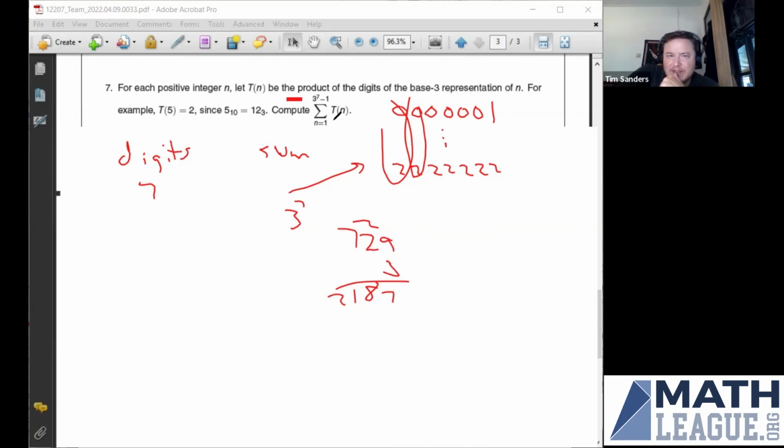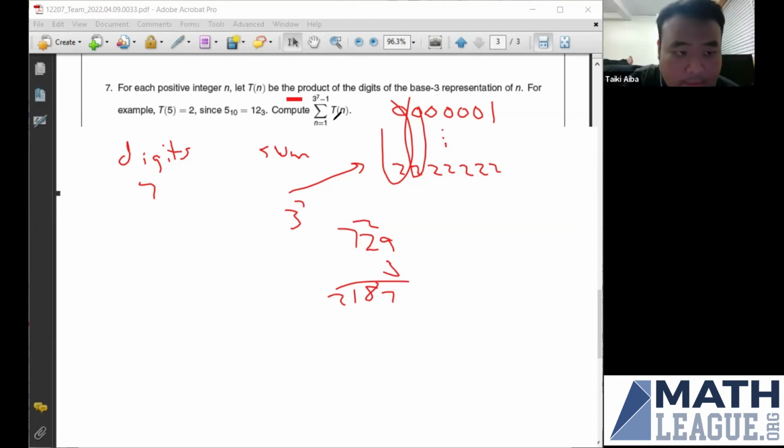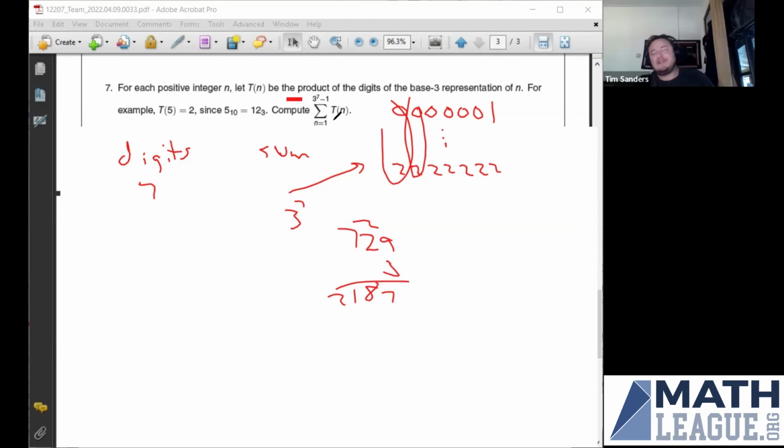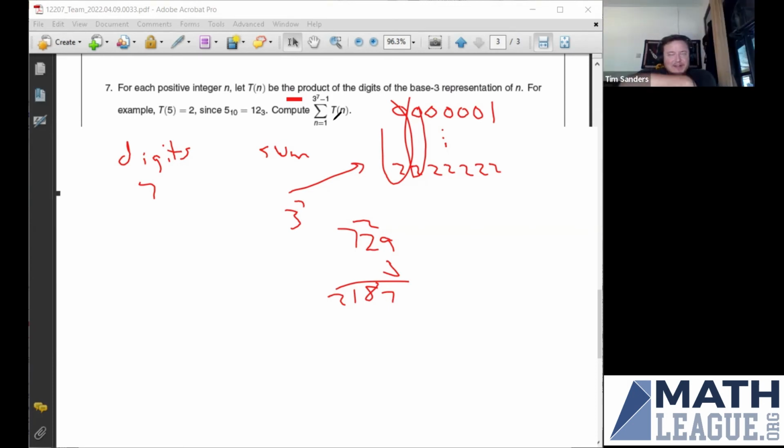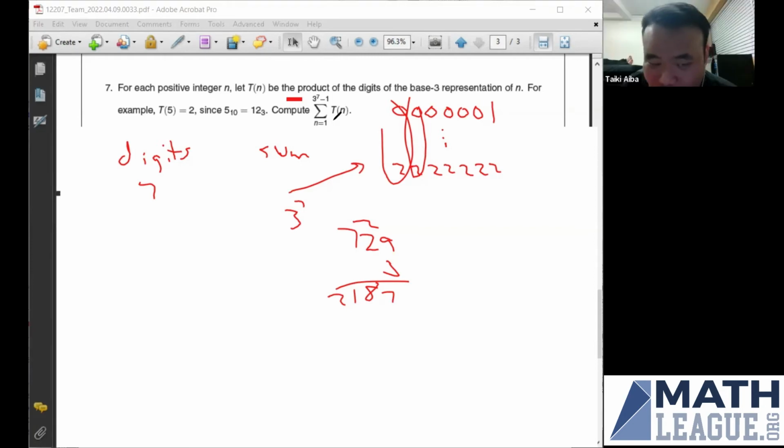Okay, that's not what the answer key is telling us. So we must have made some kind of assumption here that we have to be careful about. Oh, because in 0, 0, 0 to 0, 0, 1, the product isn't 0, it's 1.